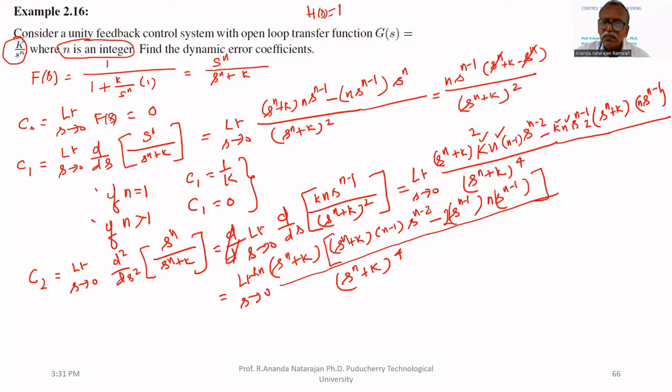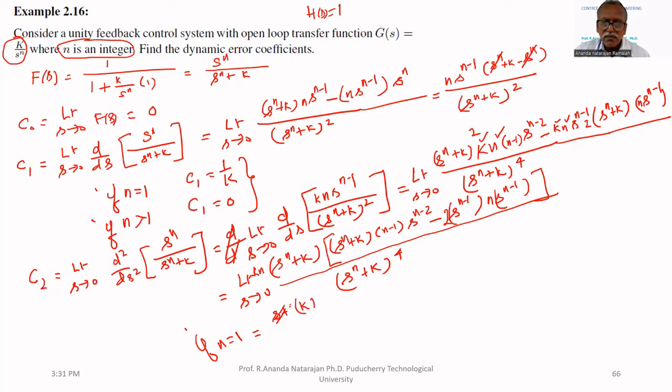In this case, if n equal to 1, you will get one value. If n equal to 2, you will get one value. If greater than 2, you will get one value. If n equal to 1, and s tends to 0, s power n equal to s, so s plus k, s is 0, so you will get k only.